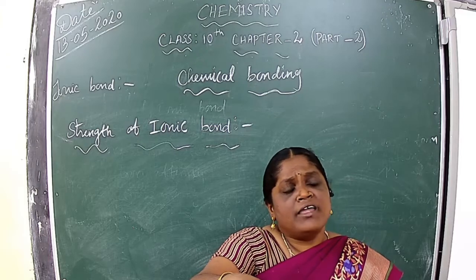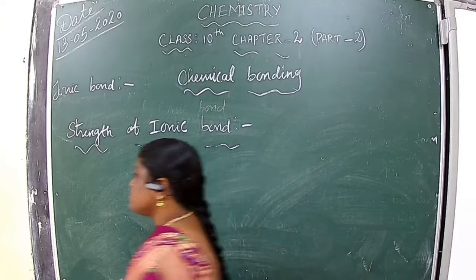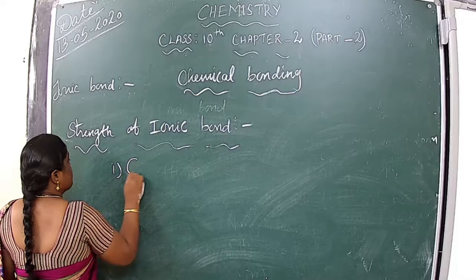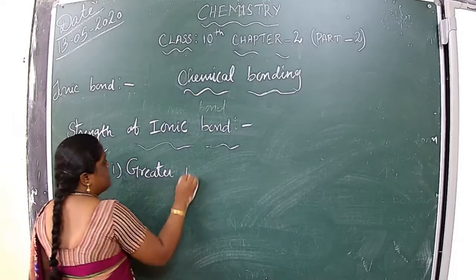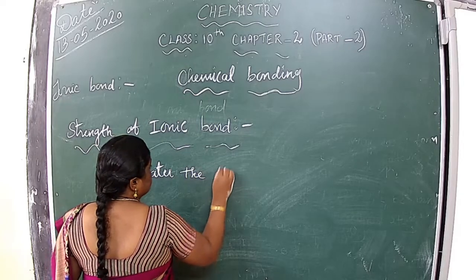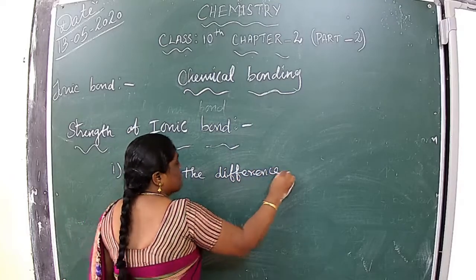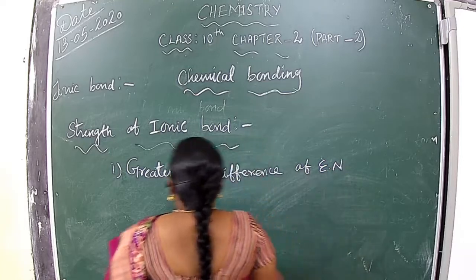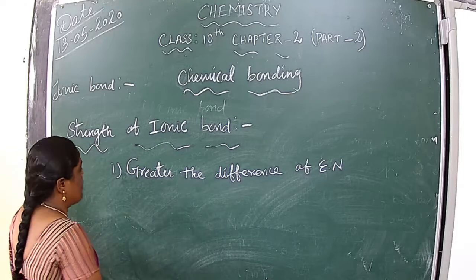The strength of ionic bond depends upon two factors. One is the greater the difference of electronegativity, the more strength of the ionic bond.